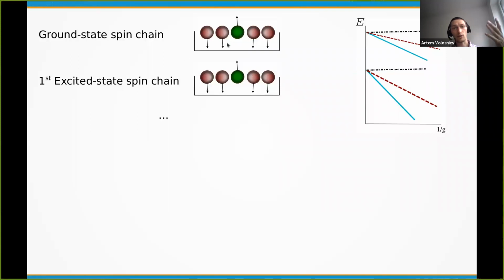Then you propagate according to each spin chain with a prefactor, basically the probability of this state to be realized at T0. This probability is given by the Boltzmann factor.